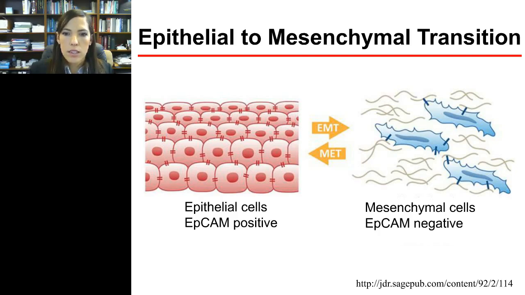These cells express metalloproteinases that can chew through extracellular matrix, so it allows them to move more freely and without the tight requirements seen in epithelial cells. And these cells tend to express less EpCAM, so it's either downregulated completely or there's very little expression of EpCAM in these cells.